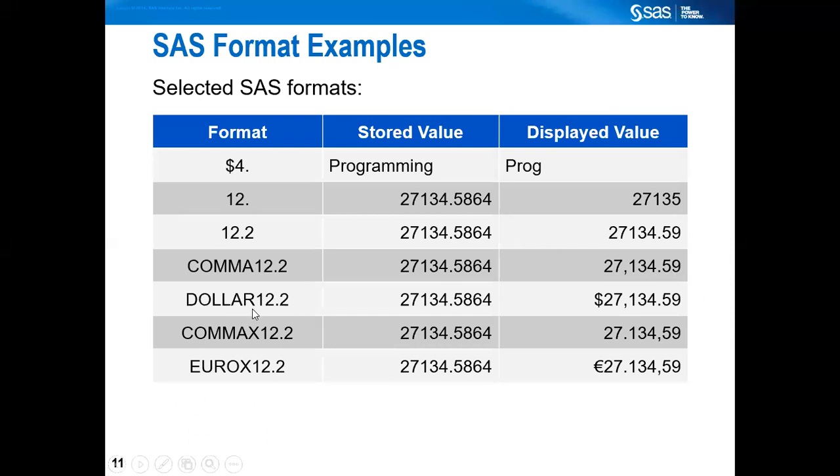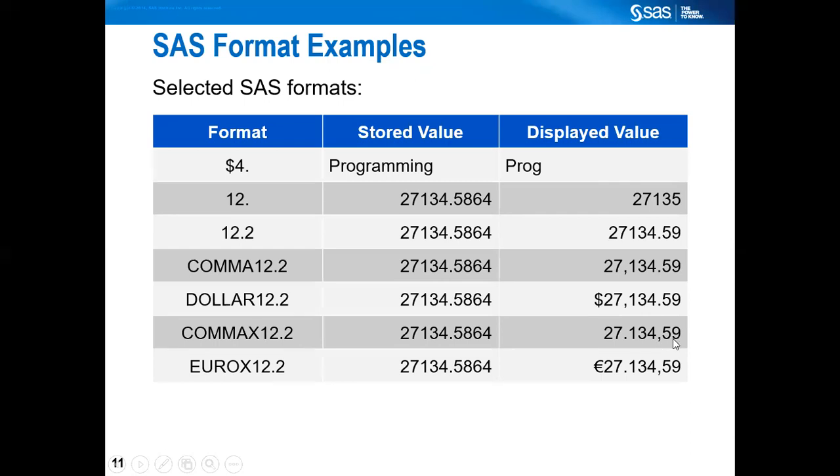Because you are applying a format of $12.2, including a dollar sign, a comma sign and two decimal places, it represents the values like this. COMMAX and EUROX are the formats which represent European currencies. The displaying of decimals is exactly opposite to how we do it for normal numeric values.